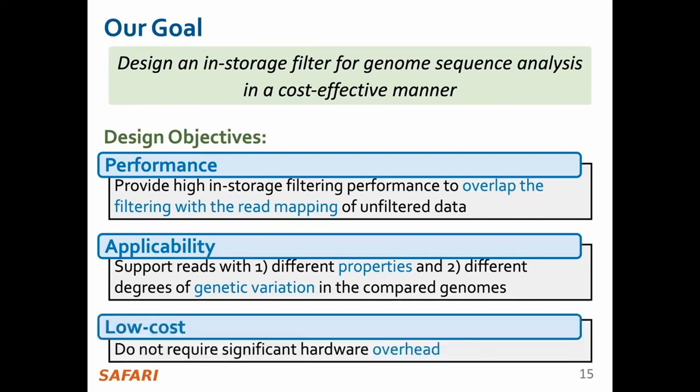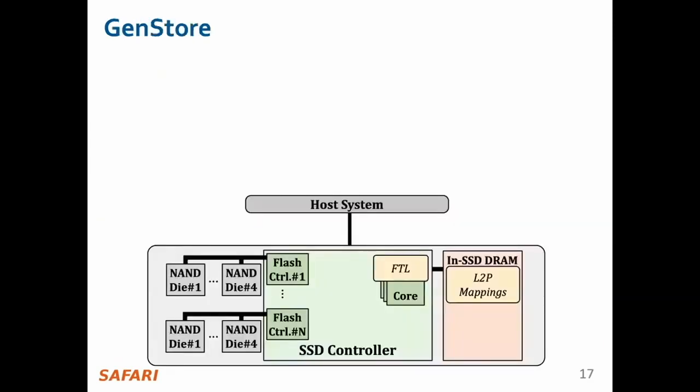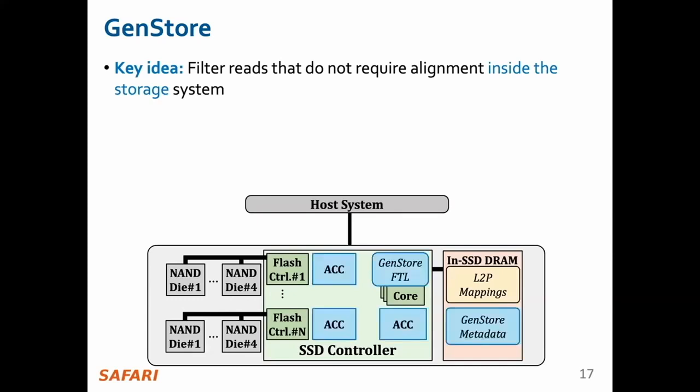And our third design objective is not to require high hardware overhead. To this end, we propose GenStore, which is the first in-storage processing system designed for genome sequence analysis. Our key idea is to filter reads that do not require alignment inside the storage system and send the unfiltered data to the host system for further processing.